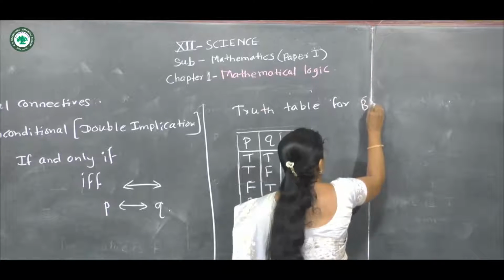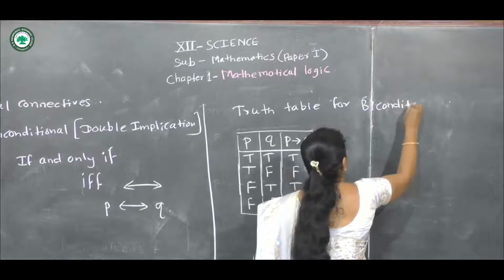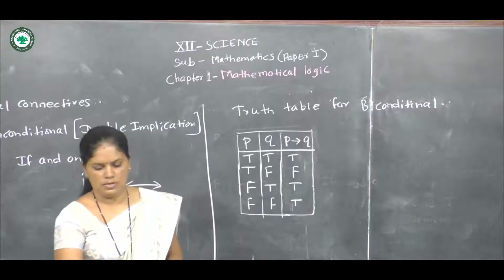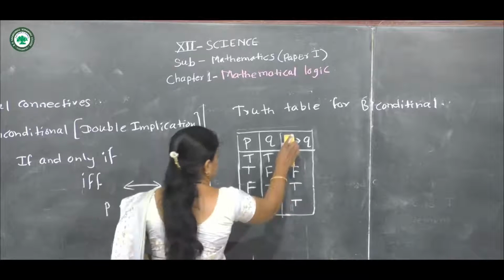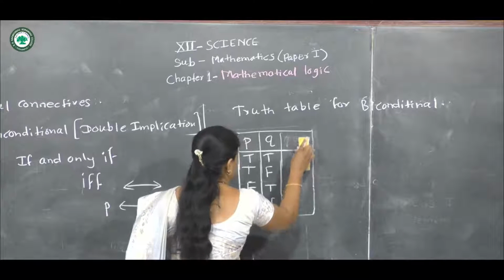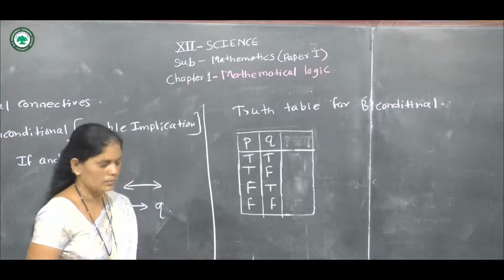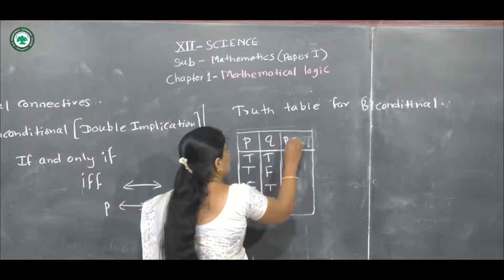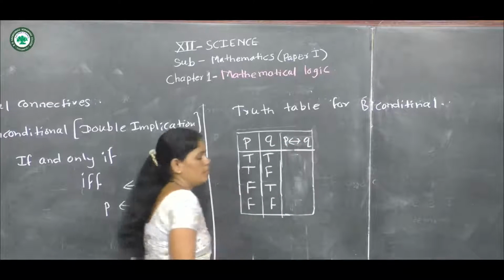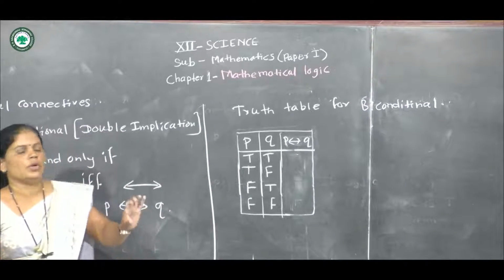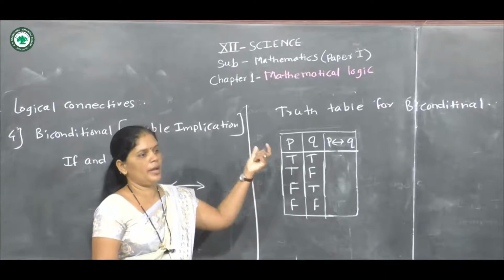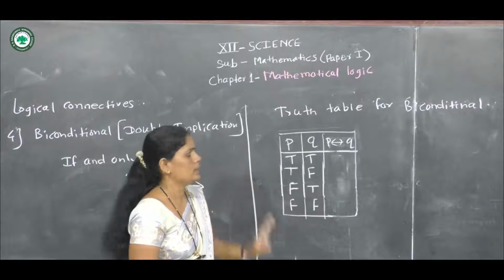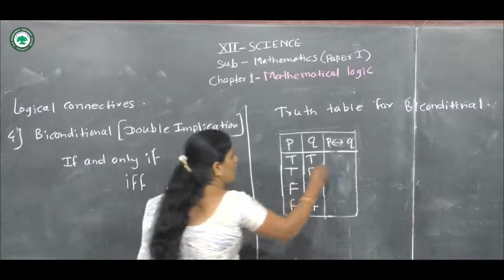The first statement is P, the second statement is Q. For P double implication Q, if the truth values of both P and Q are the same, then it is true; otherwise it is false.